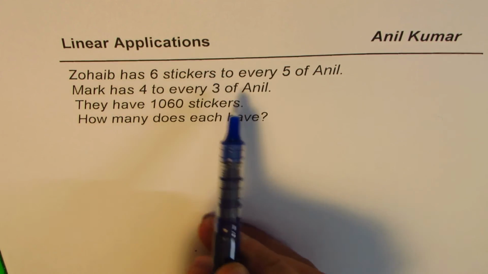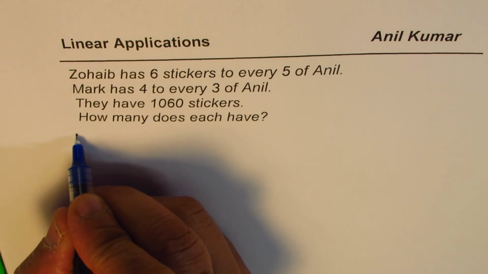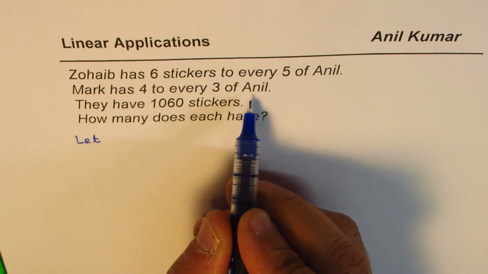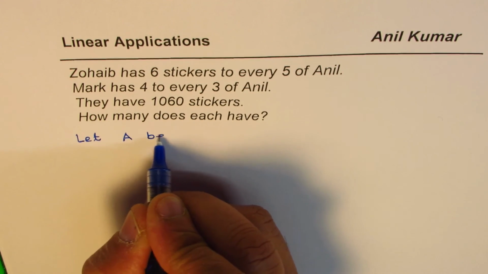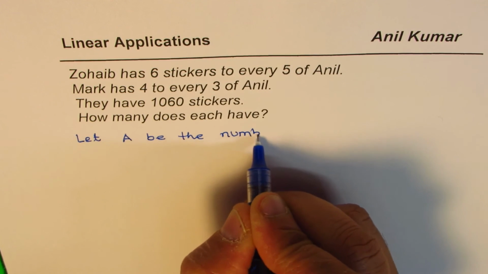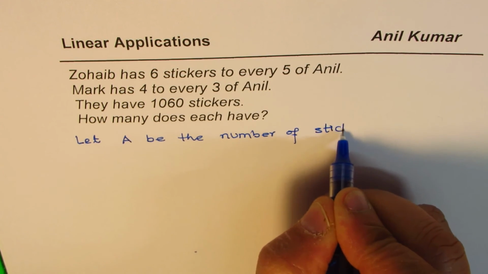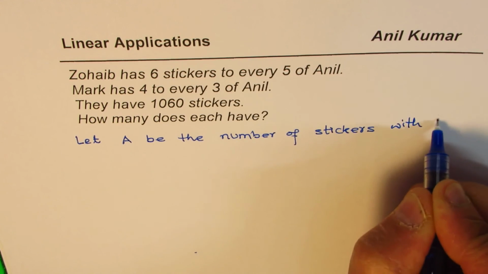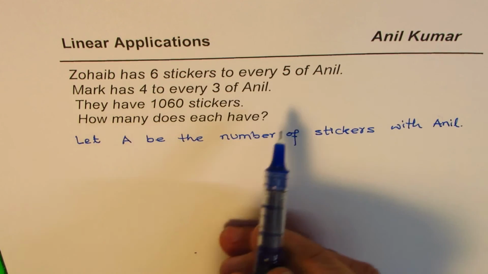Since all the names are related with Anil, let A be the number of stickers with Anil. That should help us to write all other expressions.